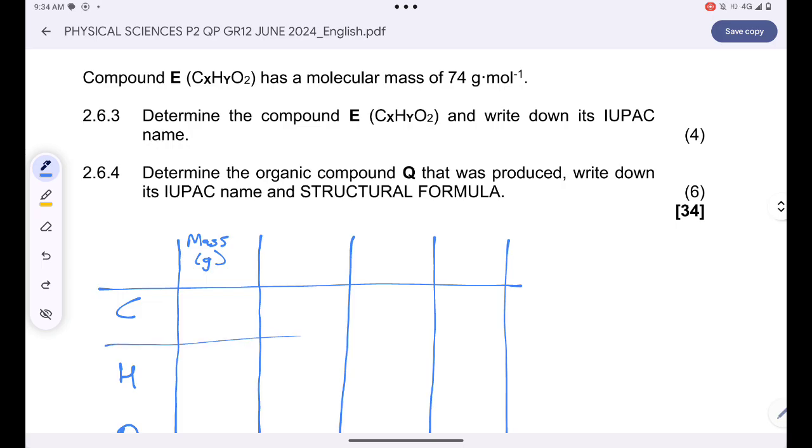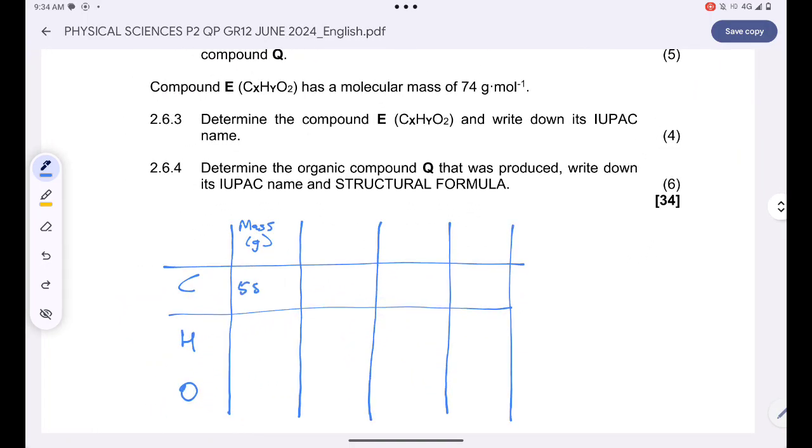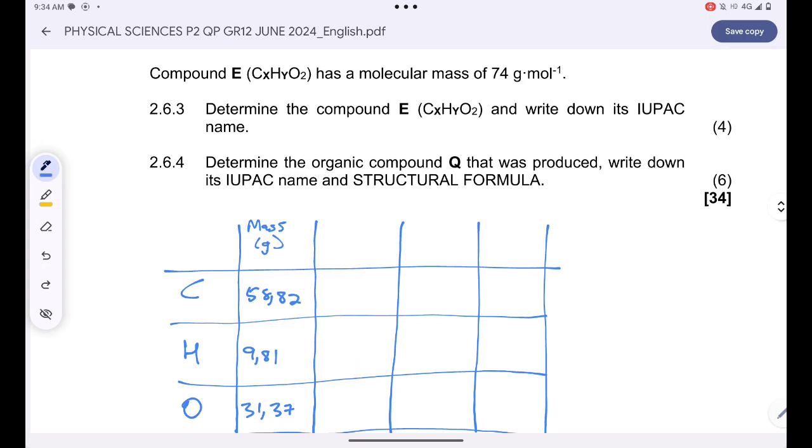The percentage of my carbon is 58.82, so this is just 58.82 grams. Then the hydrogen was given to us as 9.81%, that's 9.81 grams. And then the oxygen was given as 31.37%, which can also be written as 31.37 grams.